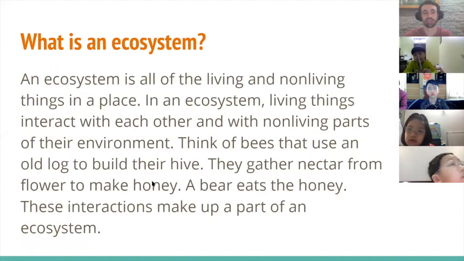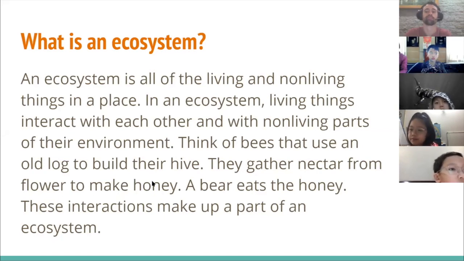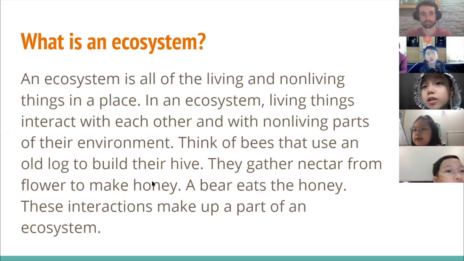Now we're gonna learn what an ecosystem is. So let's have someone read what is an ecosystem. I would like Neymar, could you read for us? An ecosystem is all of the living things and non-living things in a place. In an ecosystem, living things interact with each other and with non-living things part of their environment.